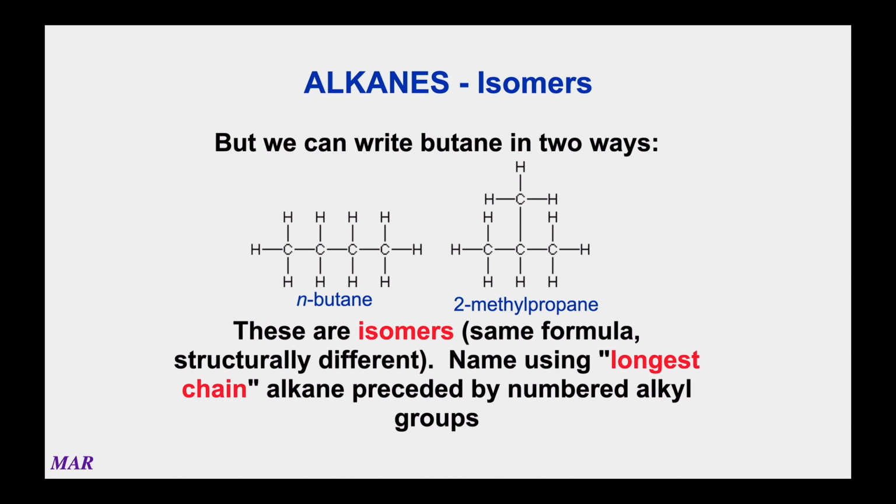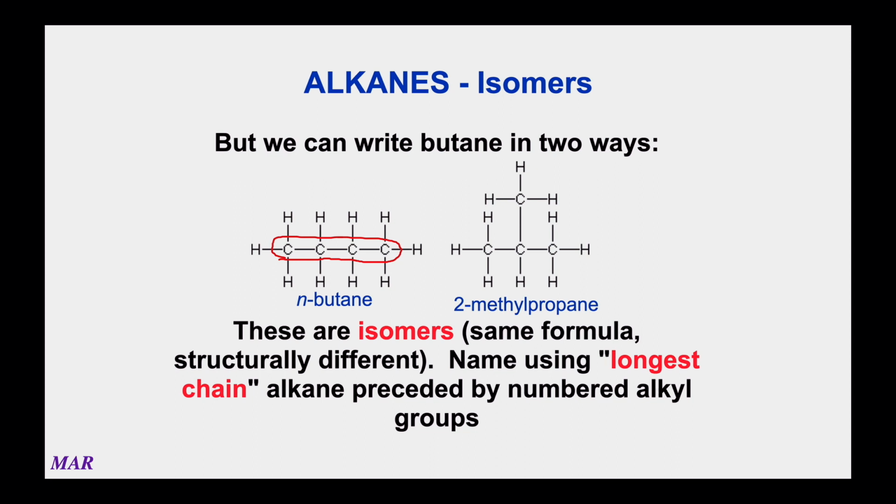So what we need to talk about before we go any further in organic chemistry is the idea of the longest chain of carbon atoms, all right? Notice that in the structure on the left, we have 1, 2, 3, 4 carbons in a row, in a chain.